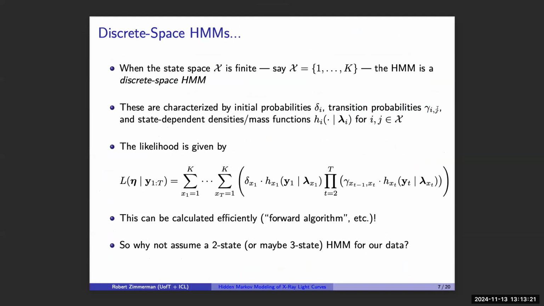If it's just two states, there's four of them: you stay in the quiescent state, you go from quiescent to flaring, you go from flaring to quiescent, you stay in flaring, so there's four numbers that sum to one. Right, exactly. Well, they sum over the columns. Oh, yeah. They sum to two.